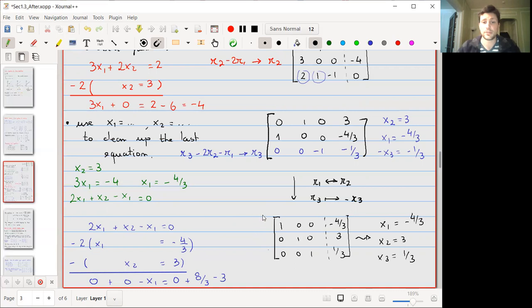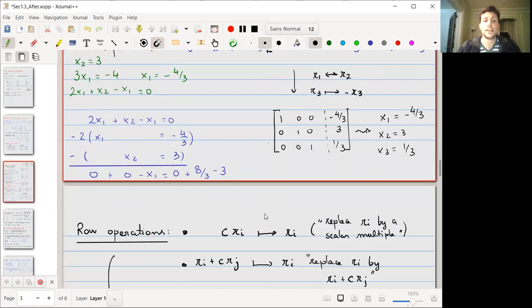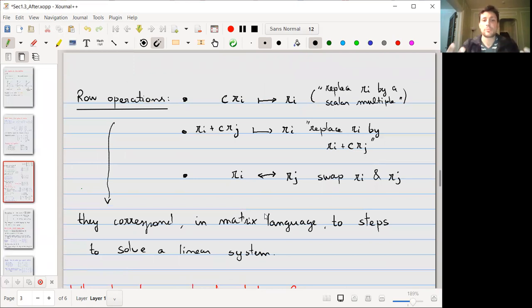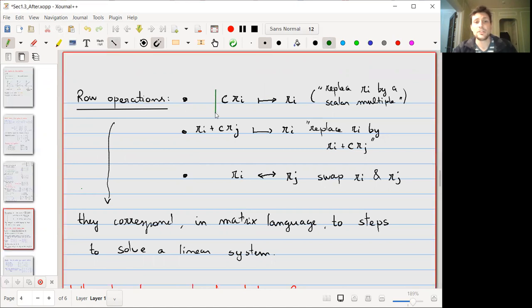To do so, I just want to point out that what we performed are called row operations, and there's only a few that we can do legally. There's essentially 3 manipulations that we can make. I am allowed to replace a certain row Ri in my matrix by a scalar multiple of it.